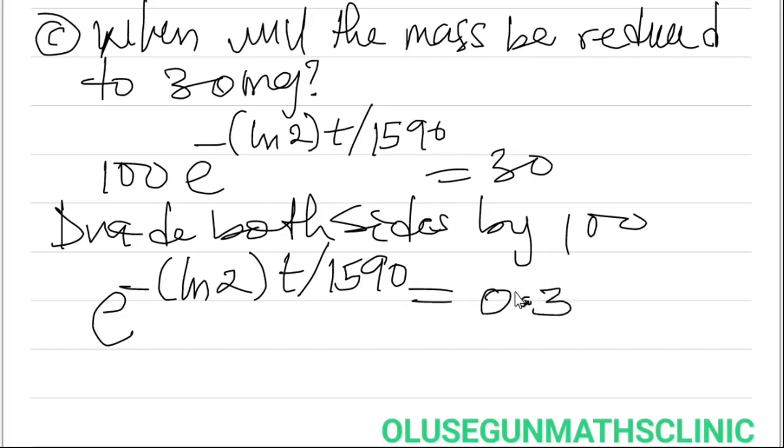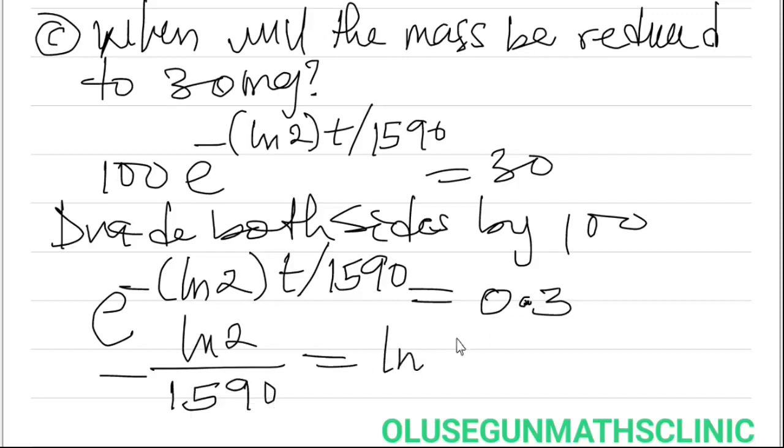So now, by making e not to be there, we have minus ln 2 over 1590 t is equal to ln 0.3. So we have t here. So now let's cross multiply, so we're able to get our answer.